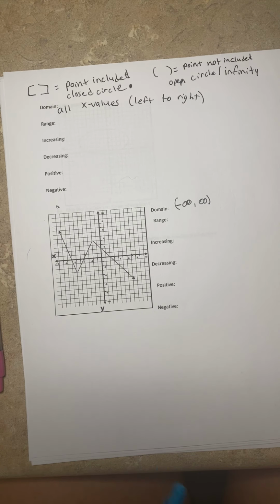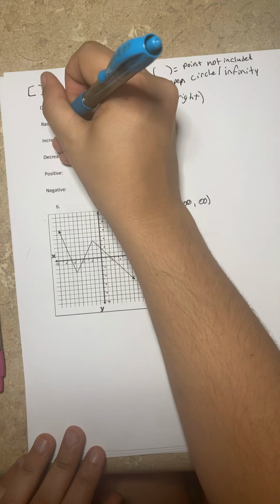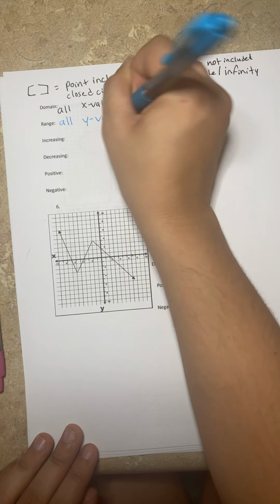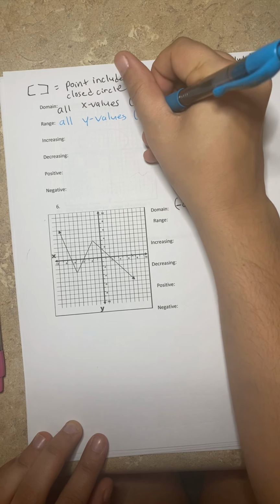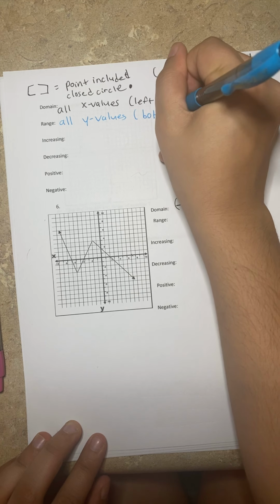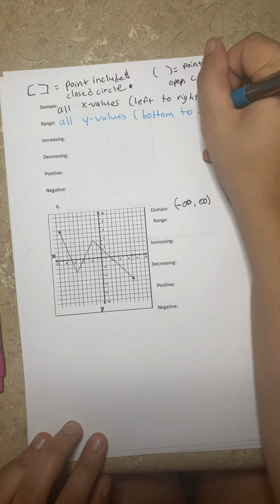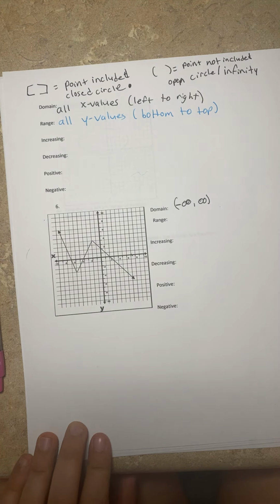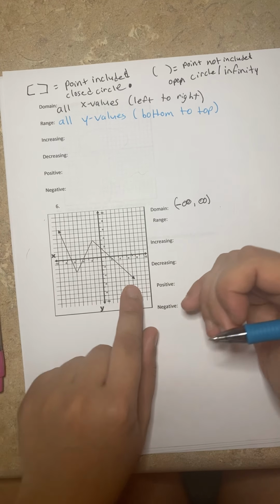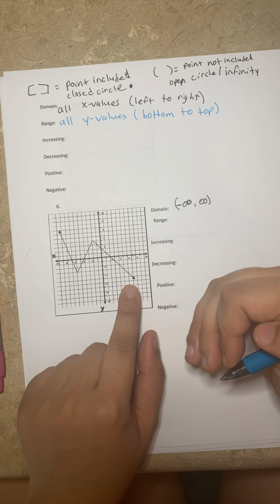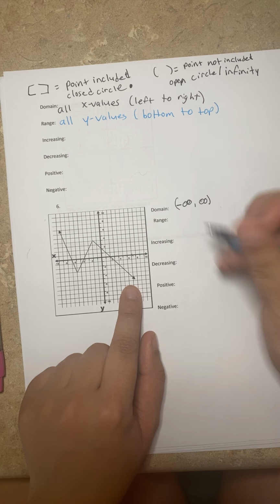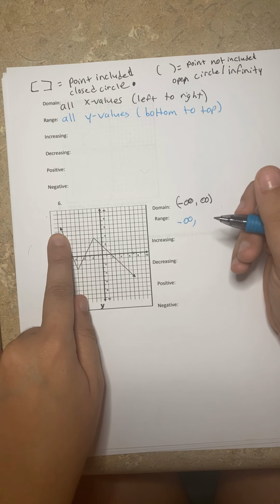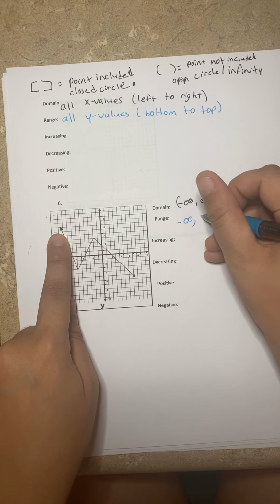Then range is all of my y values. That's when you look from bottom to top. Always start from the bottom of your graph and go all the way up to the top. From the bottom of my graph, I still have that arrow going down forever and ever, so it's starting at negative infinity, and going up, looking at the very top of my graph, to positive infinity.